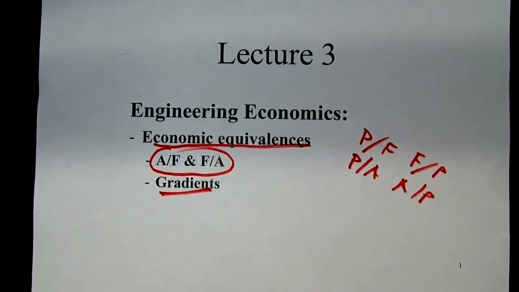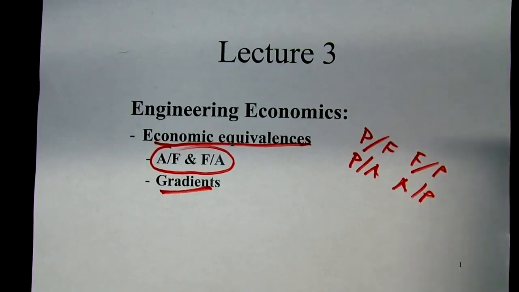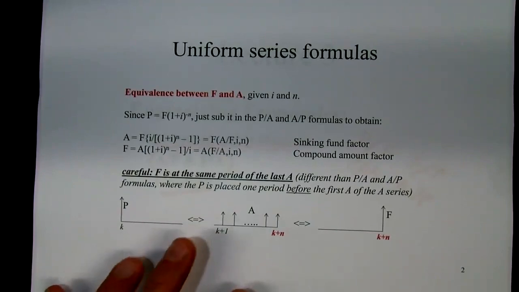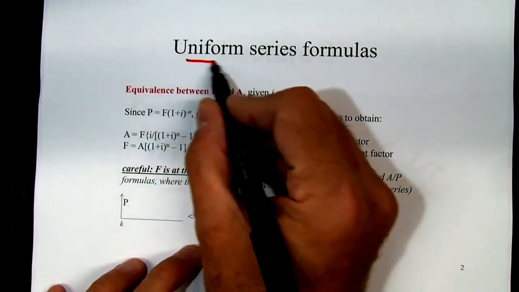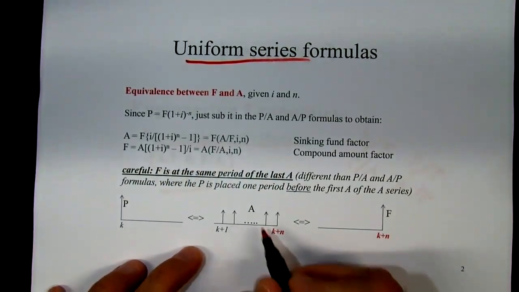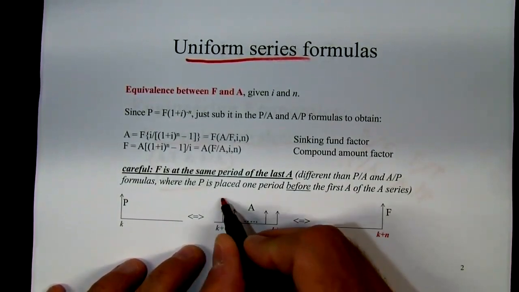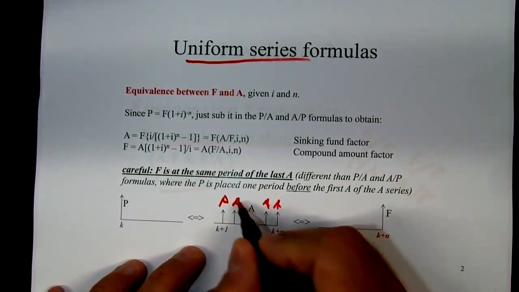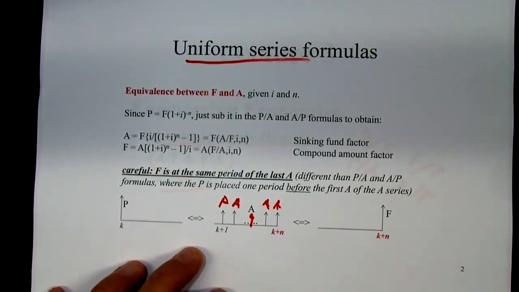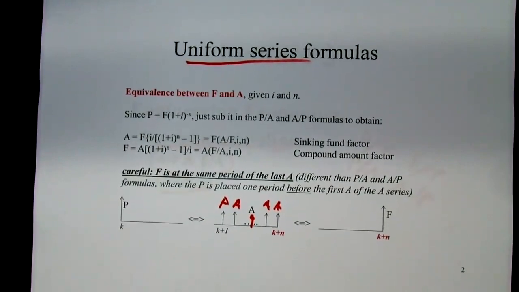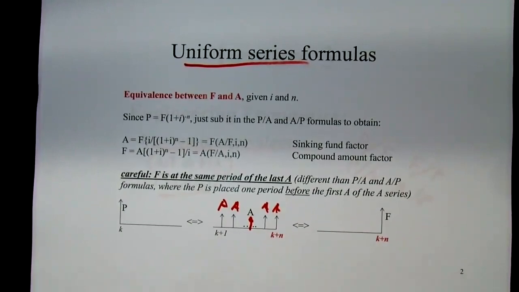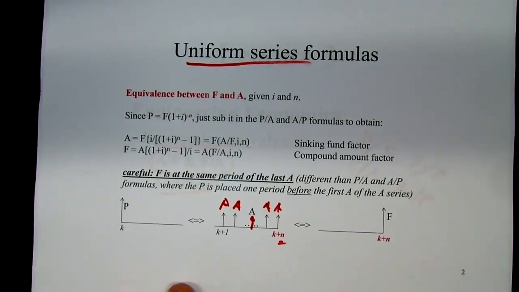First things first, the equivalence still involving, remember we discussed the uniform series cash flow, which is this one. Every arrow is supposed to be an A, where A is a given flat value, starting from whatever period for a given number of periods n.